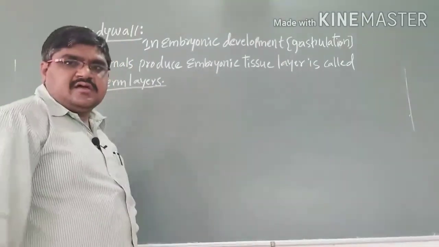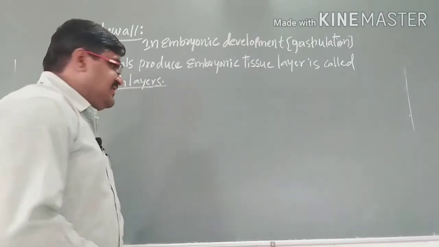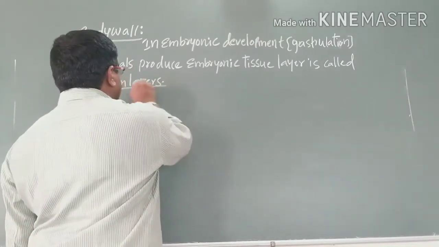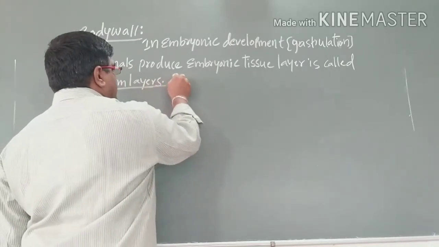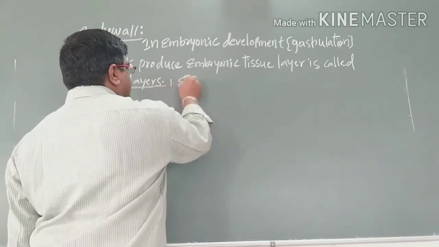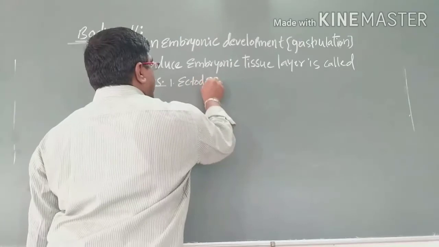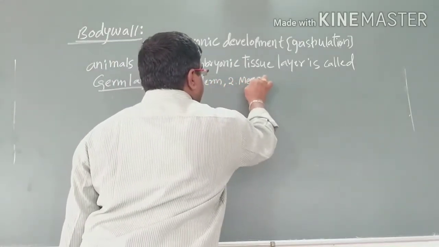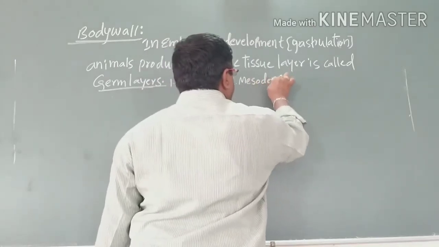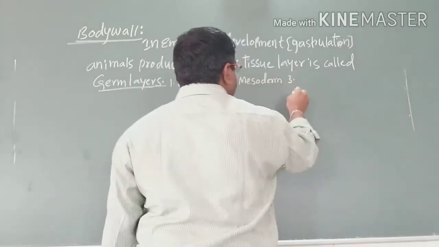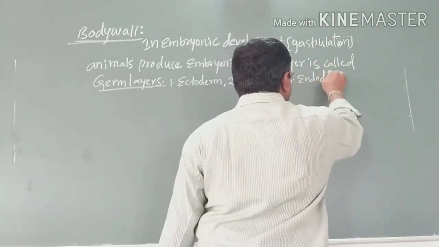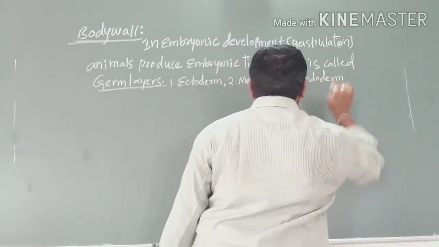There are three germ layers present. The first one is ectoderm, the second one is mesoderm, and the third one is endoderm. These are the three germ layers.